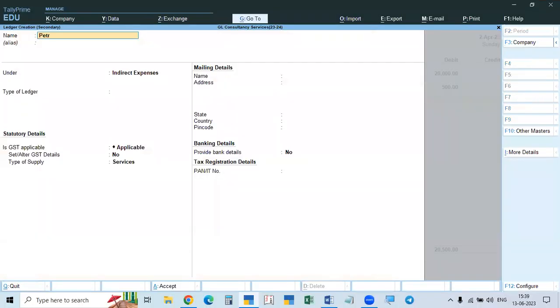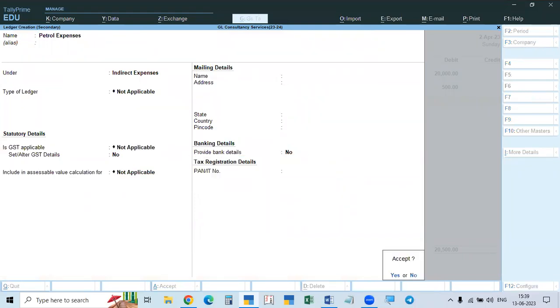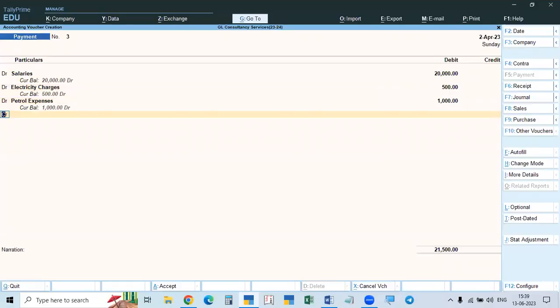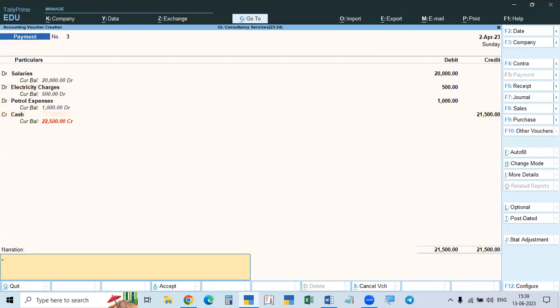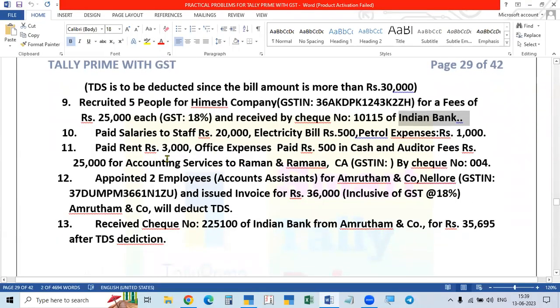It is also an indirect expense, and there will be no GST. The amount is 1,000 rupees. Now credit cash, the total amount we paid. You can write the narration as salaries and other expenses paid. Next one again: paid rent and office expenses in cash.